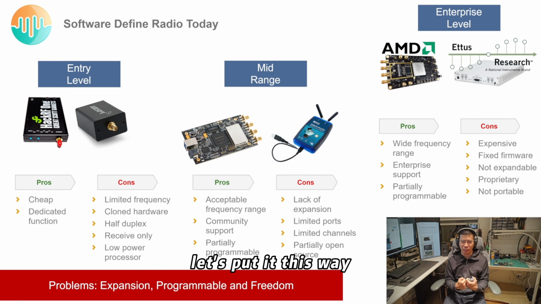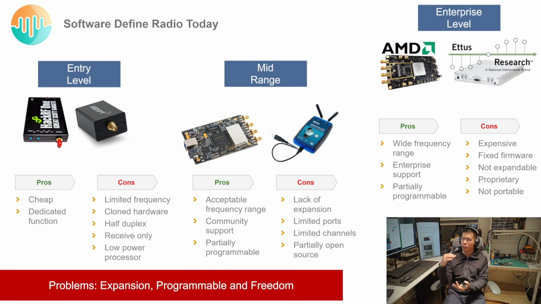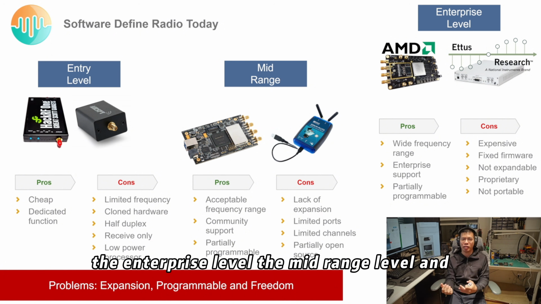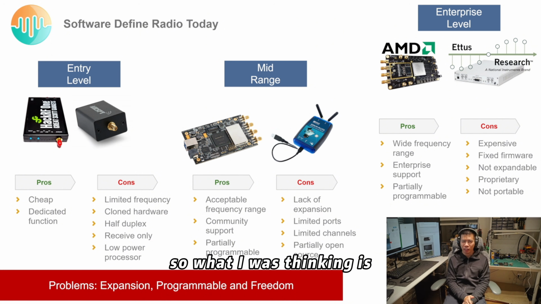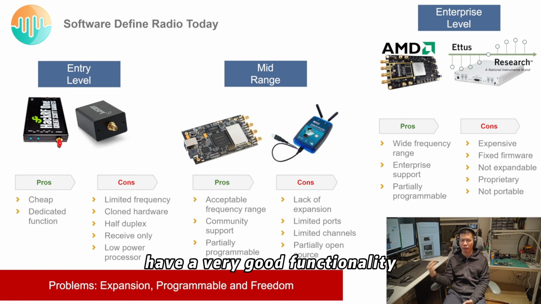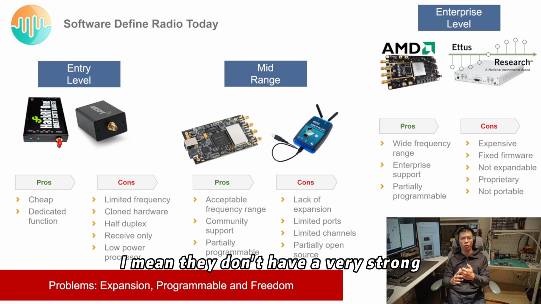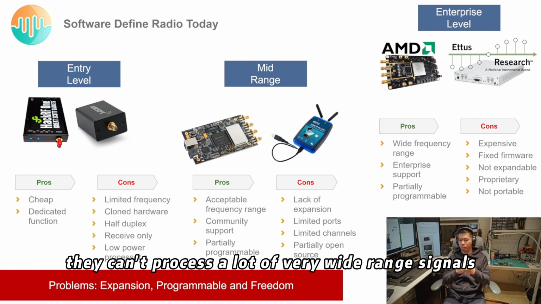Let's put it this way. We do have some pros and cons between the enterprise level, the mid-range level, and the entry level. What I was thinking is, the enterprise level has very good functionality. I mean, they don't have a very strong programmable capability, but they can process a very wide range of signals.